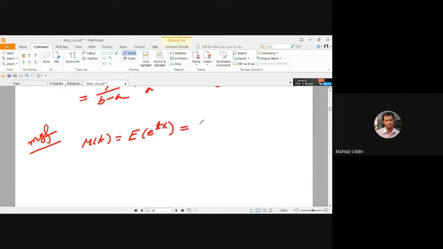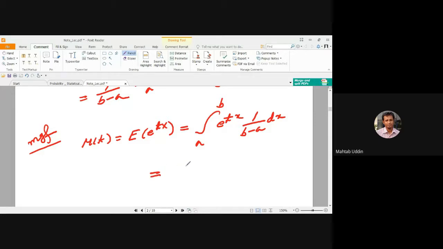Usually we know this is a sum, but in case of the continuous type, this is an integral. It would be the integral of e to the tx f(x) dx. f(x) is 1 by b minus a, dx. I'm doing this here because this is not given in the book.